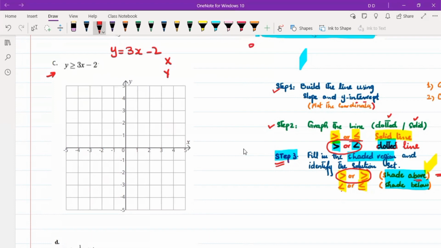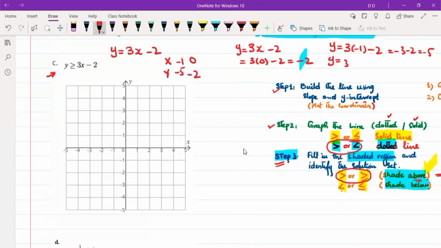So 3x minus 2: if I substitute 0, then I get minus 2. When I substitute minus 1, then I get minus 3, minus 2, minus 5. Minus 1 and minus 5.